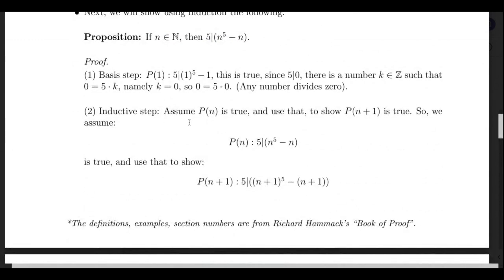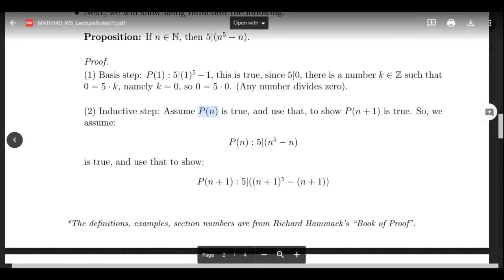So inductive step, we assume P of n is true. Oh, you know what? If I make these lecture notes, I would use k instead of n, because this n might be confusing with this n, right?